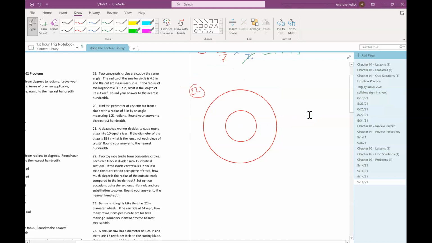So something like that. Each track is divided into 15 identical sections. I'm just going to draw one of those sections because I don't think I can draw 15 identical sections. But if they're all exactly the same, all I really need to be able to see is one of them.